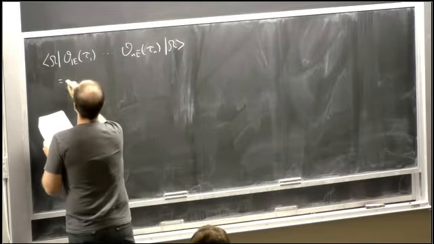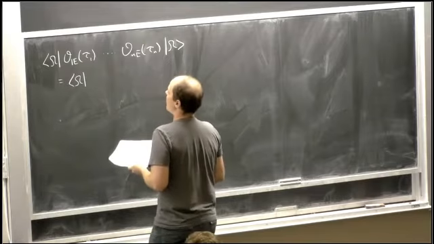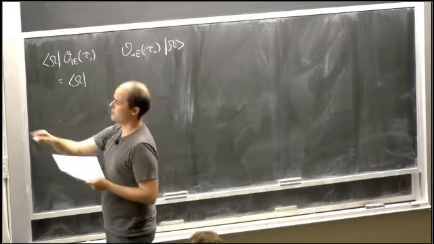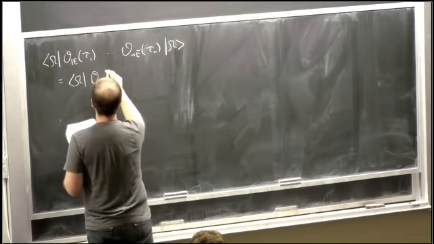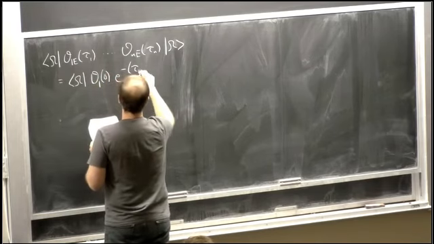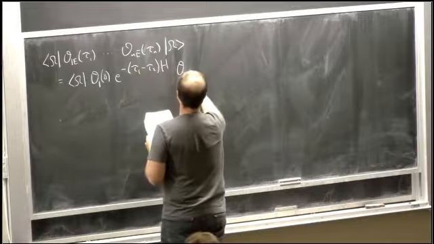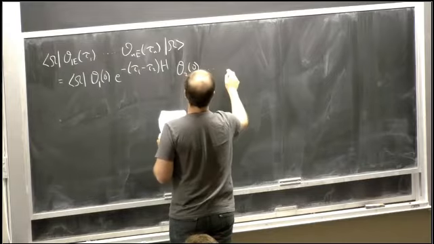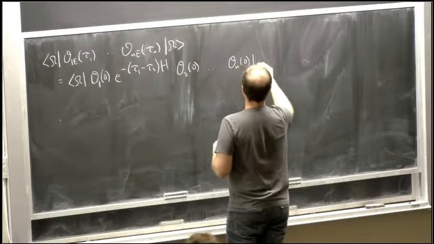Plugging in the definition of these operators, let's also use the fact that the vacuum is killed by the Hamiltonian. That means we just get O1 of 0, e to the minus tau 1 minus tau 2 times H, O2 of 0, and so on. The last term is On of 0 acting on the vacuum.